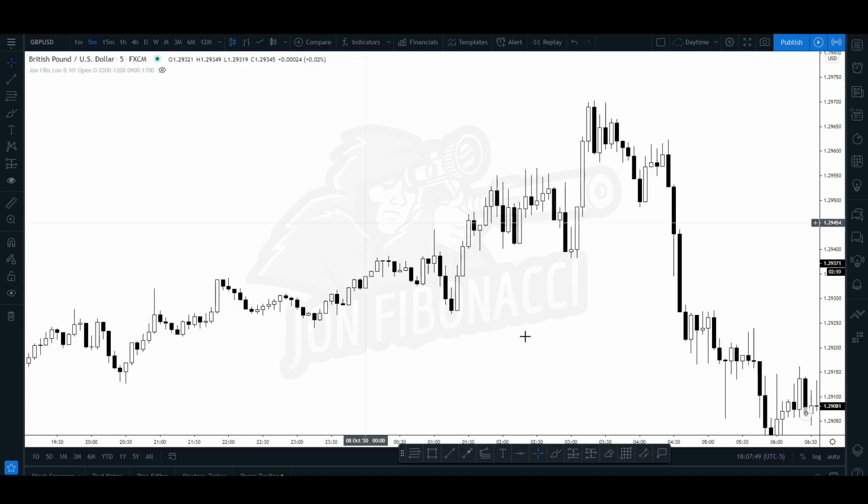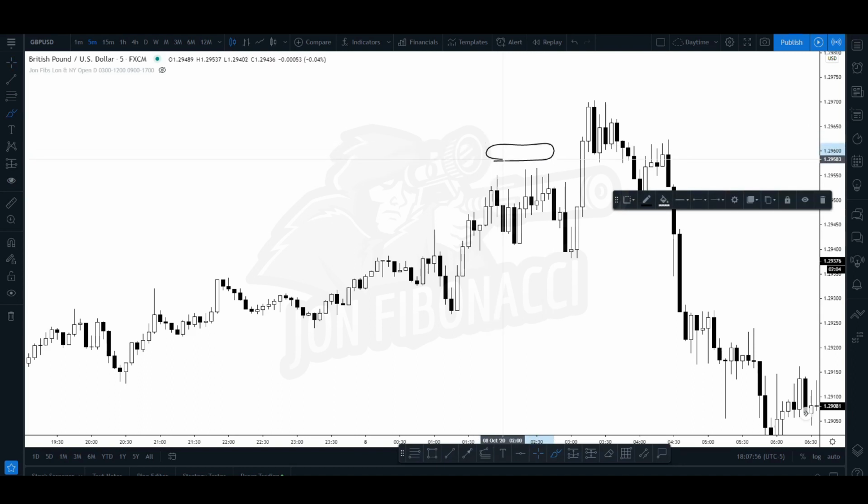So that's why the market pushed through. That liquidity up here in the form of stop losses or even buy stops, technically it'd be the same thing. If traders are short here, they're going to have their stop loss up here, which in turn would be a buy stop.